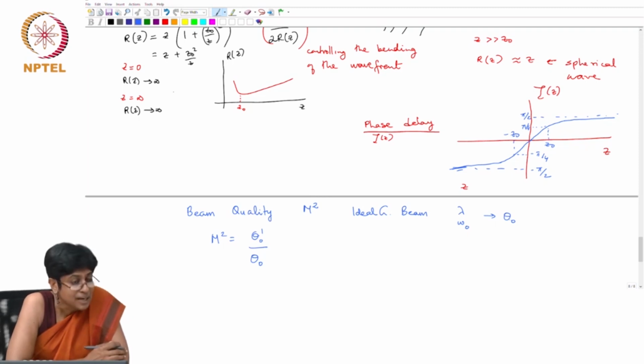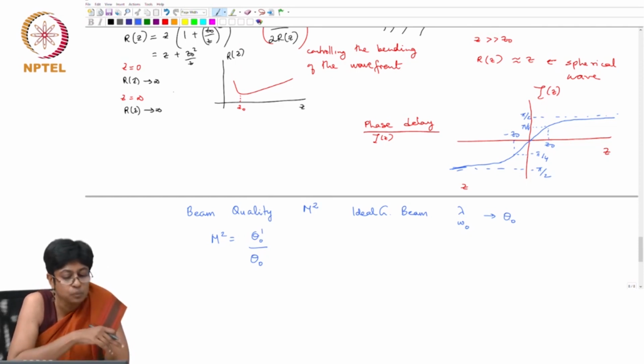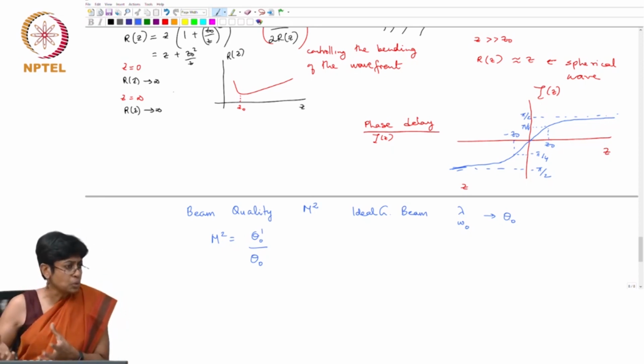Okay? But in reality, when you generate light, the quality of the beam coming out varies a lot depending upon how exactly that beam was generated. Right? Especially when you have higher power sources, the nature, the method by which you generate the higher power affects the quality of the beam. After all, why am I getting out a Gaussian beam?